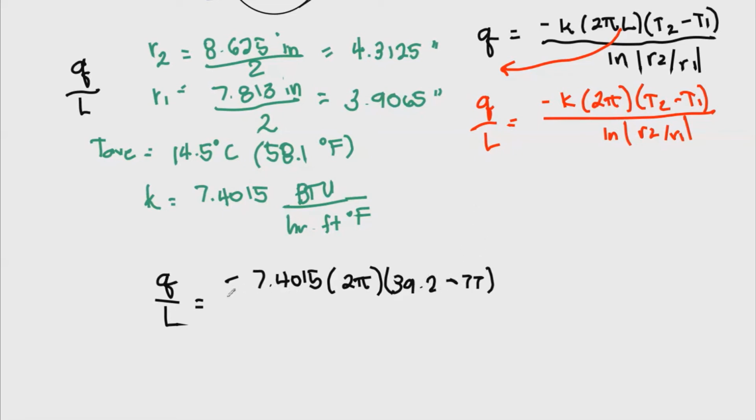So this is divided by the ln of the higher radius, which is 4.3125, then divided by 3.90665.